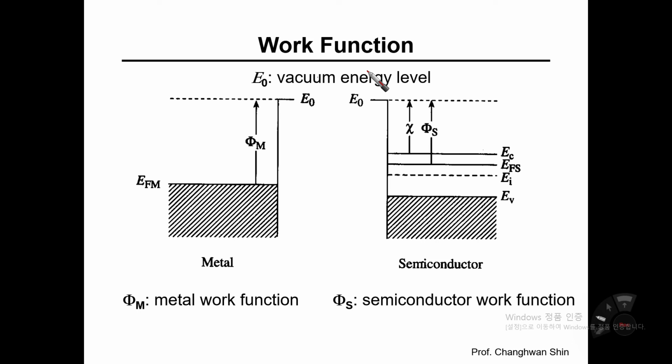Again, work function is defined as the energy required to remove a single electron out of the material that you have. Okay, but the more precise definition says the minimum required energy to take out a single electron from the material. So I said minimum.